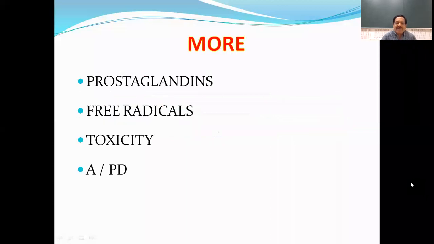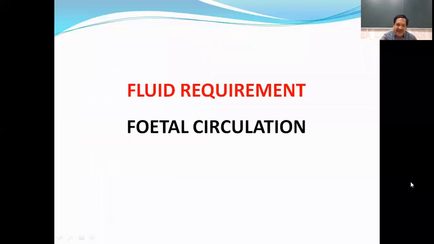Here in burns in pregnancy, more prostaglandins are produced, and more free radicals, resulting in toxicity. It causes abortion or premature delivery based on the term of the pregnancy. When you calculate the fluid requirement, based on the gestational age, we have to include the fetal circulation also.